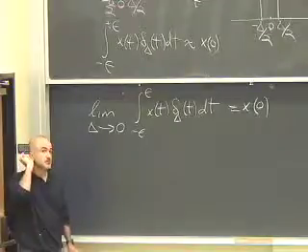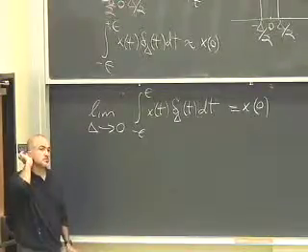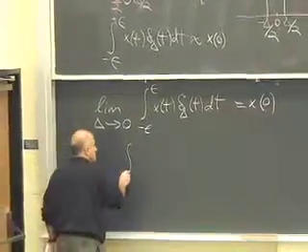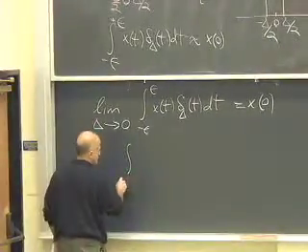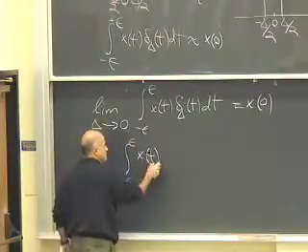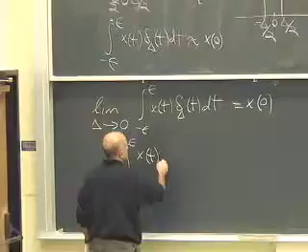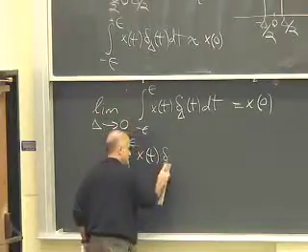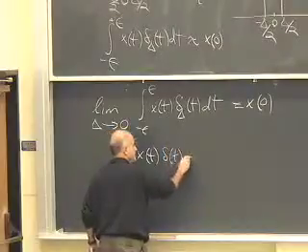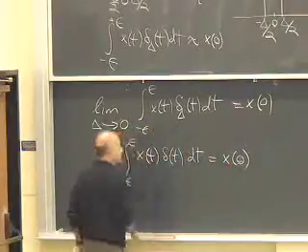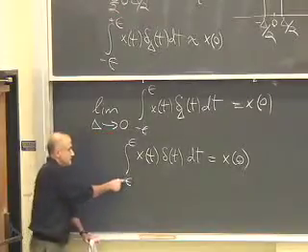No, it approaches what function? The Dirac delta. So this is where we get the identity: the integral of x of t delta of t dt is x of 0.